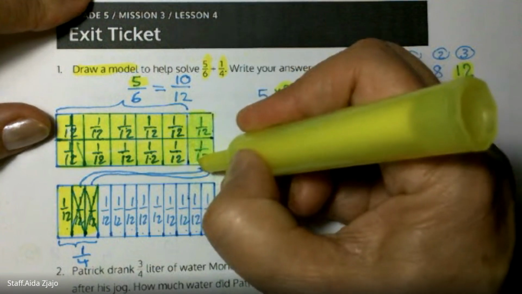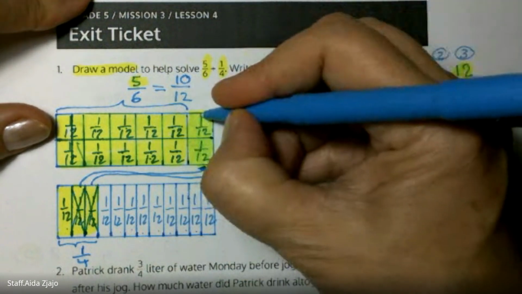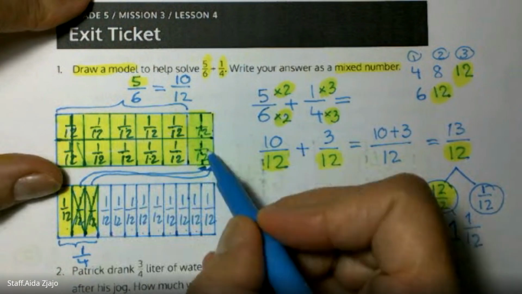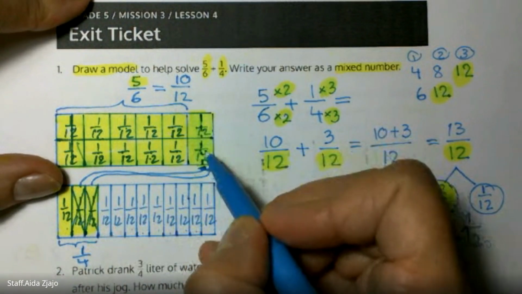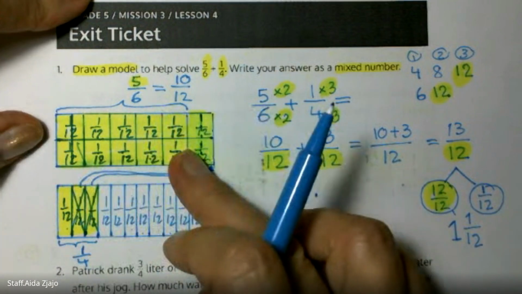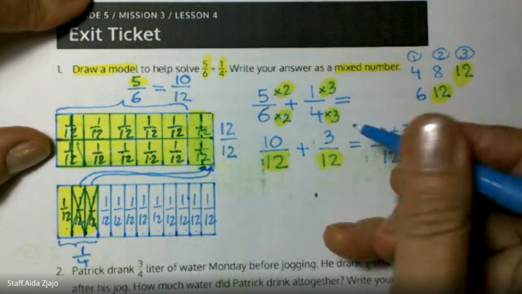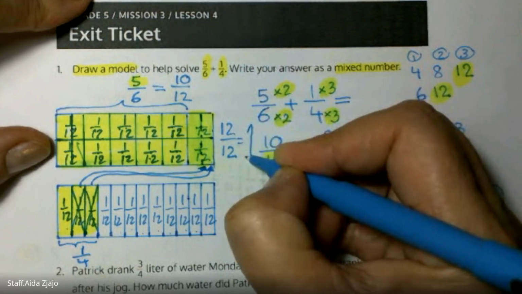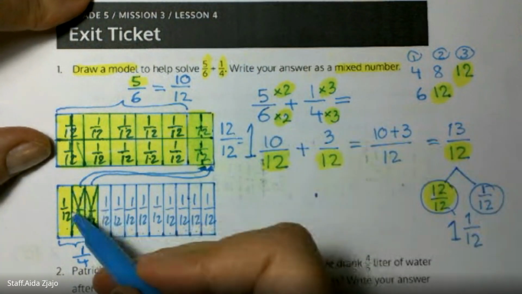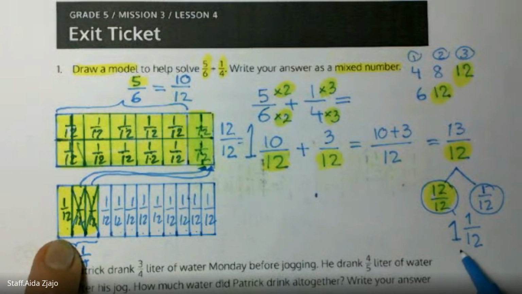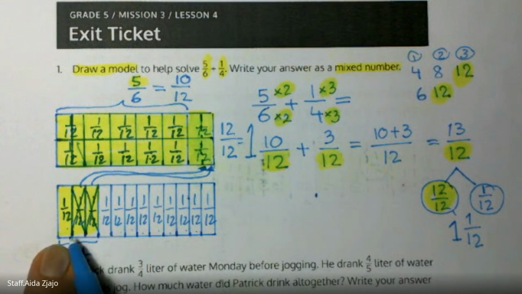So you have put this one in here and then this one in here. So that now you have a complete whole. You have 12 twelfths here, and that makes one whole. How many is left here? It's just 1/12. So that's what it means: one whole and 1/12. One whole and 1/12. Okay.